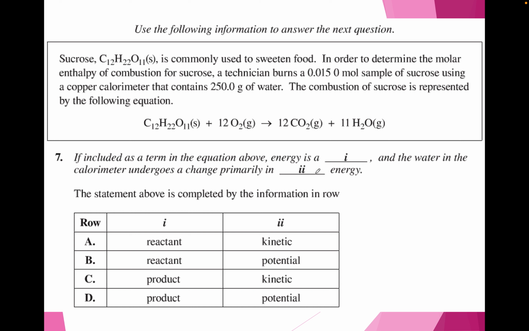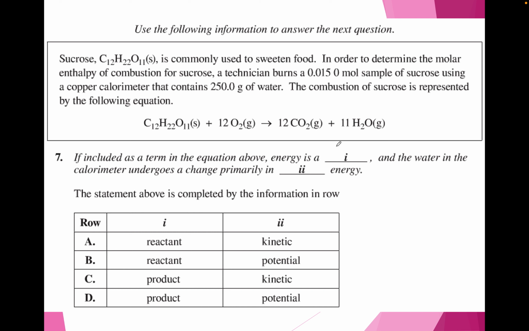And looking at this next one, here we have a little bit of information. We have sucrose, and it's giving us some information about a combustion reaction that's burning some sucrose. What we're going to look at here is if we included this as a term in the above equation.